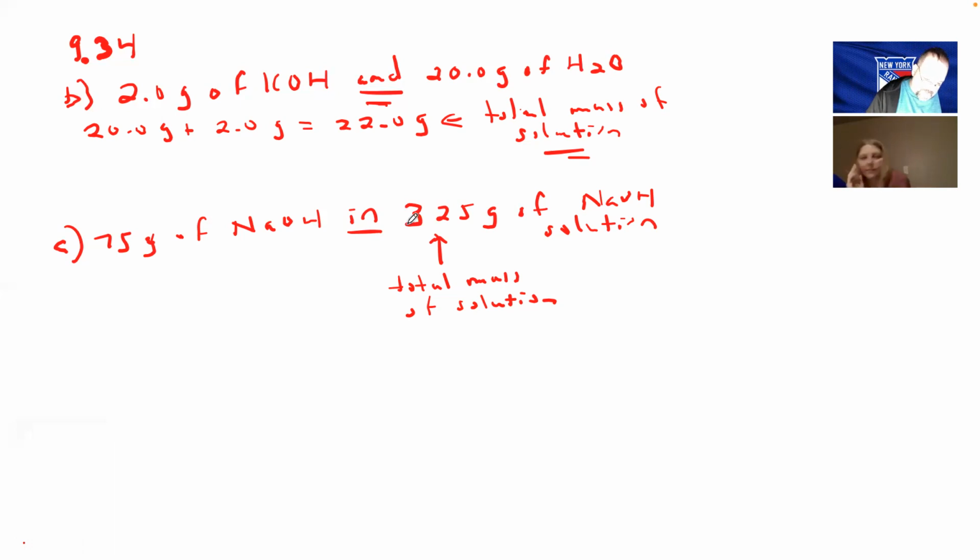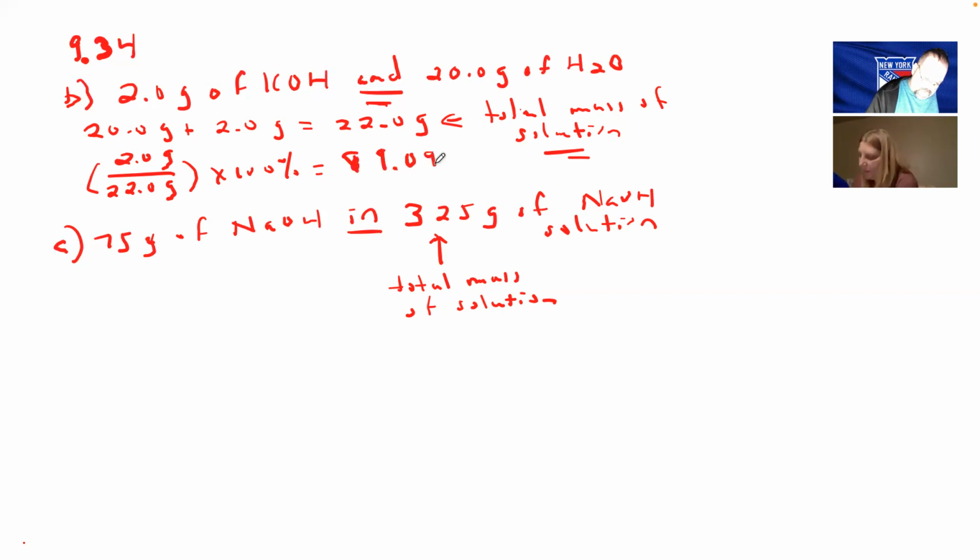So for B, to find the mass by mass percent, you would take 2.0 grams over 22.0 grams and multiply that by 100%. So I believe that comes out to 2 divided by 22, about 9.09%.